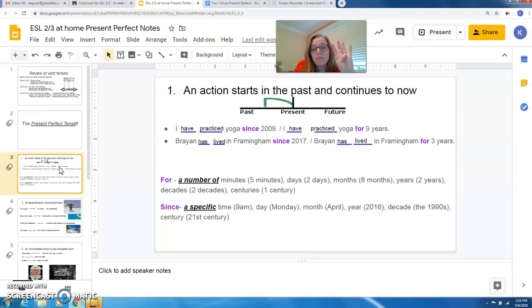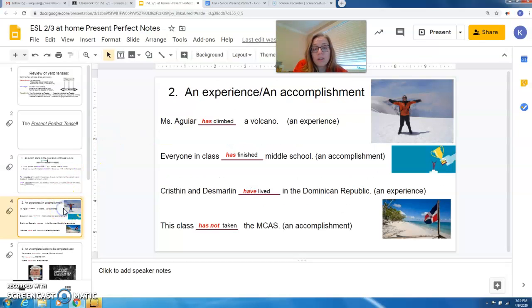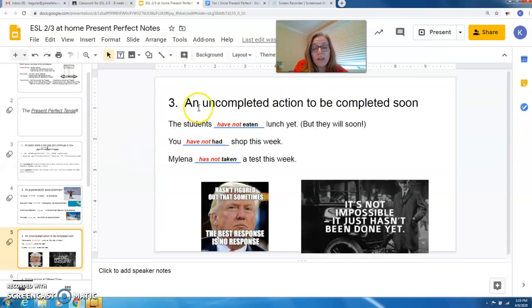these next 4 slides, these are the rules for present perfect. Number 1, an action starts in the past and continues to now. 2, present perfect, we use it for experience or accomplishment. 3, for uncompleted actions to be completed soon.